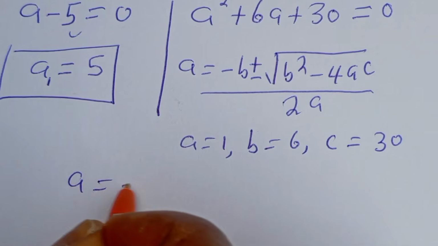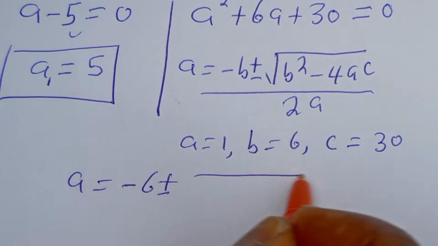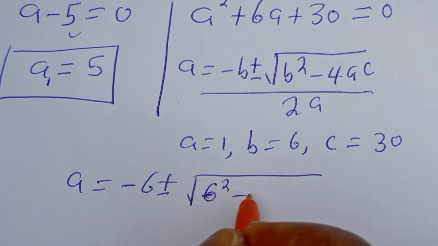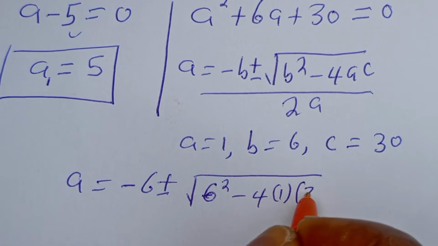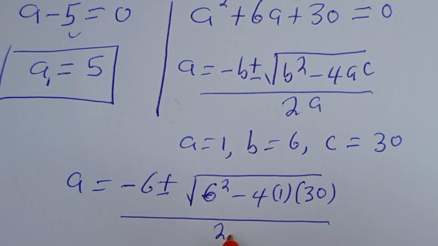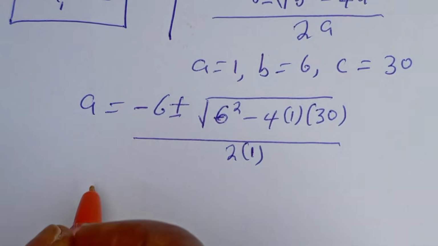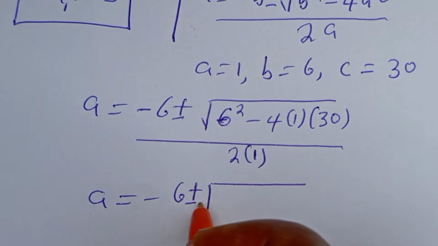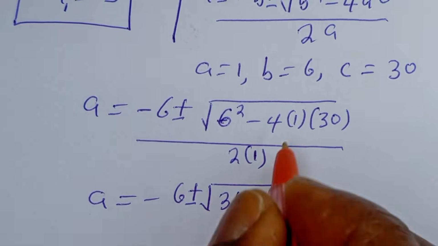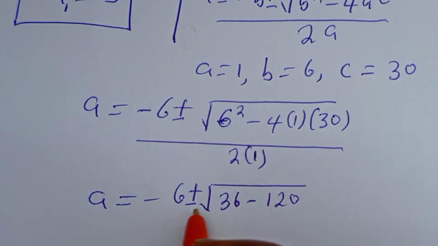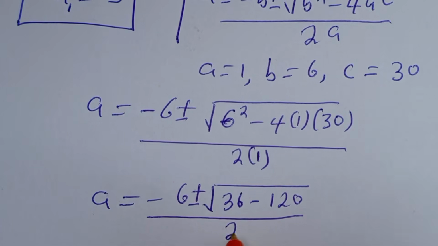a is equal to minus 6 plus or minus square root of b square minus 4 multiplied by 1 multiplied by 30 divided by 2 multiplied by 1. a is equal to minus 6 plus or minus square root of b square, that is 36, minus 4 times 1 times 30, that is 120, divided by 2.